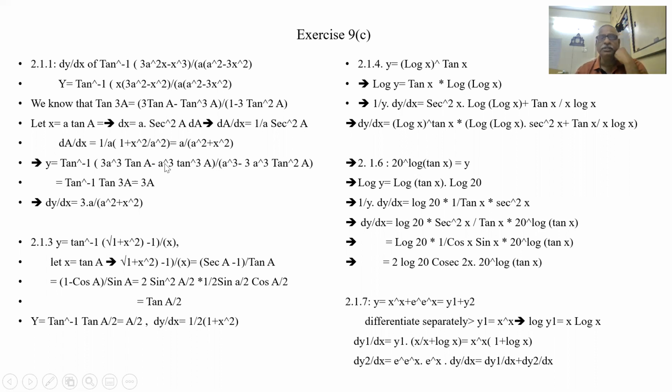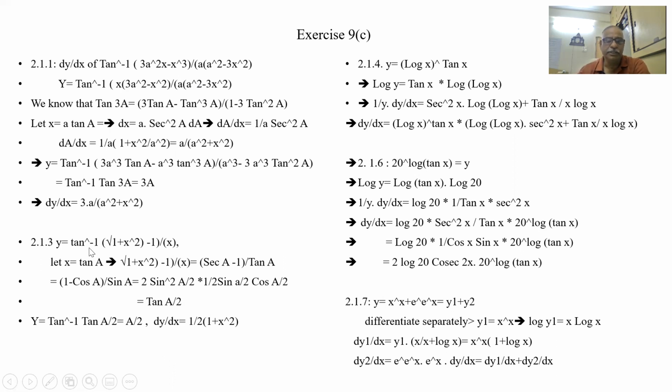So I am getting the rest as tan 3a, that is 3a. So 3 into dA by dx is 3 into a by a square plus x square. So what we have to learn here is how to convert this into a tan function. So 3 tan a minus tan cubed a by 1 minus 3 tan square a is tan 3a.